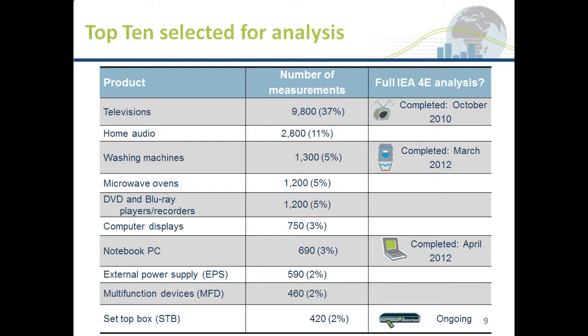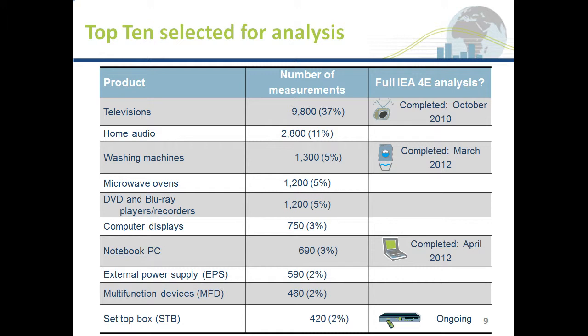And then the last 4 are getting to be smaller data sets with less than 700 products, and that was notebook PCs, external power supplies, multifunction devices, which are the printers and scanners, and set-top boxes was the final of the top 10, but that only accounted for just over 400 products, so it's a smaller data set.